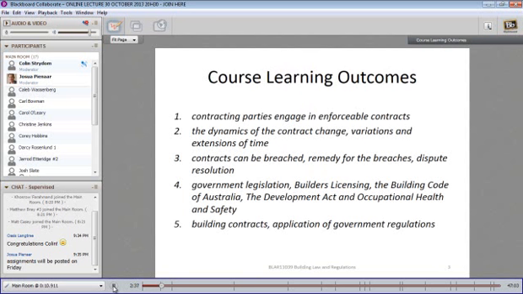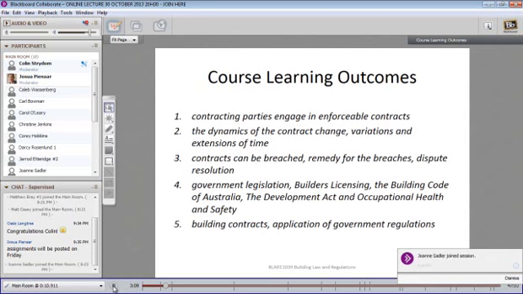I don't want to say much about the course learning outcomes. I think the main focuses are that we're going to briefly touch on enforceable contracts and what that means. From there, we're going to look at what changes contracts, what causes variations, extensions of time, and so on. And then also, which sometimes happens, a breach of contract. So we'll look at what happens after a breach of contract, and how we resolve that.